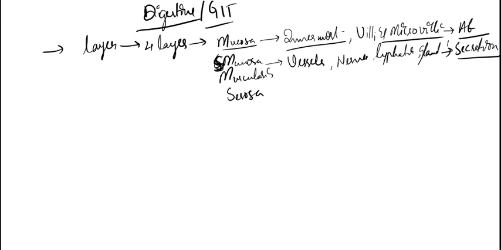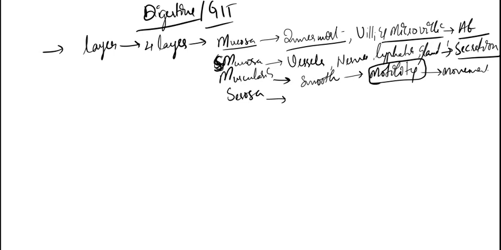Now muscularis. Muscularis is a muscle. Which muscle? Smooth muscle for motility. The muscularis layer is composed of smooth muscle which is useful for motility. Motility means movement. Serosa is for attachment. Why?